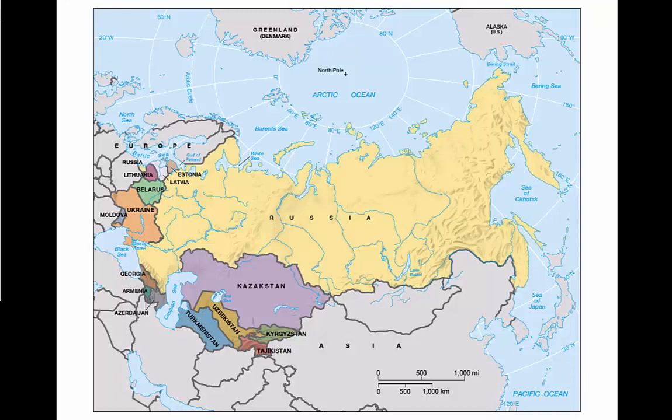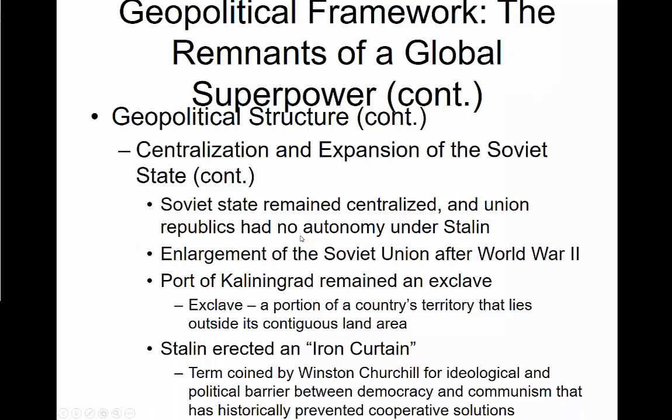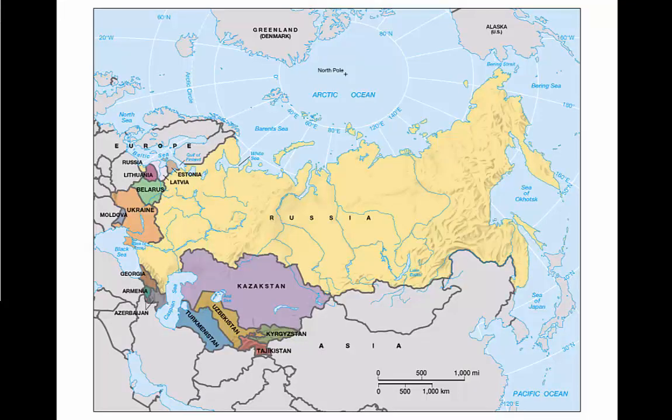We'll look at a map here of this particular area. But we'll talk about these with Central Asia as well as Afghanistan, which are landlocked. We've got the port of Kaliningrad, which is an exclave. So a little chunk right here that is Russia. That's separated.